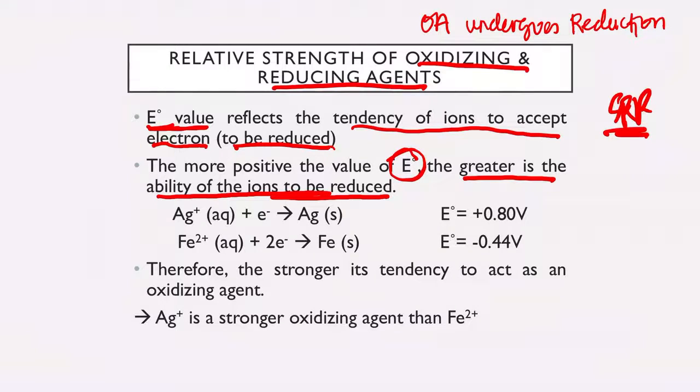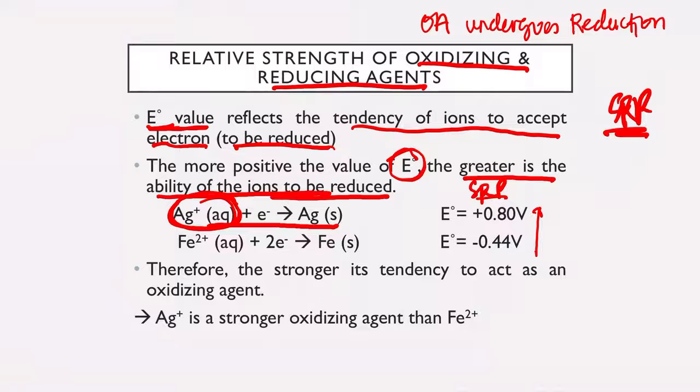Okay, so if silver is on top right here, dia kat atas kan dalam SRP table awak, it's more positive. That means that its ion here, Ag+, has a greater ability to be reduced. Okay, undergo reduction, accept electrons.